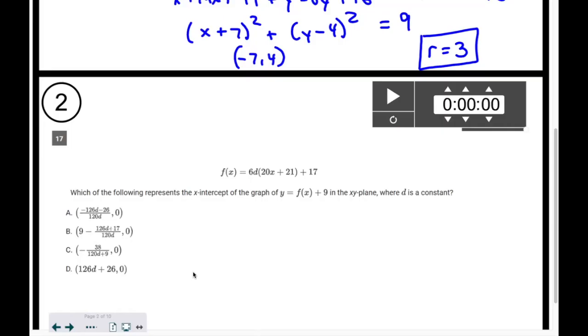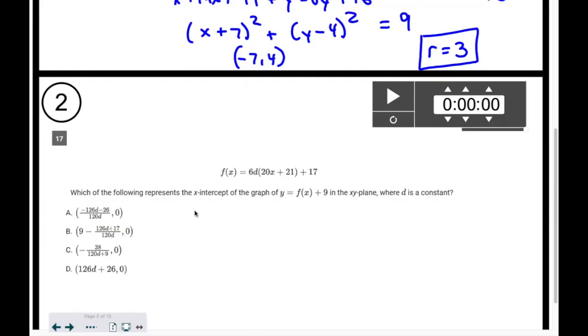Okay. So this is another one that if you wanted to, you could choose a value for D, and then throw it in the Desmos and add 9 and find the x-intercept of that. But I actually found it easy enough to not have to do that.